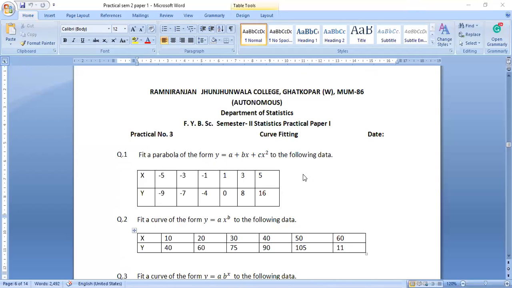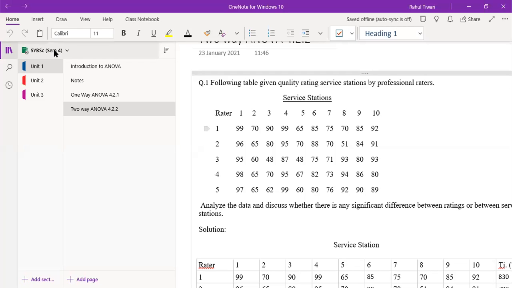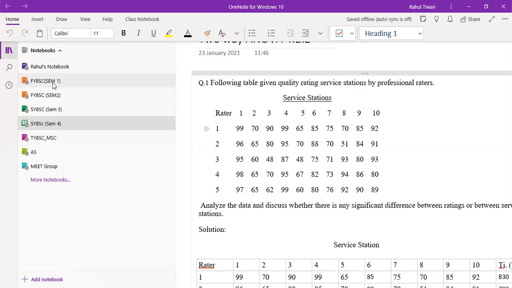So, in this session, we will see how to solve the problem based on curve fitting. I hope last class I explained the concepts of curve fitting, so you have already gone through that.